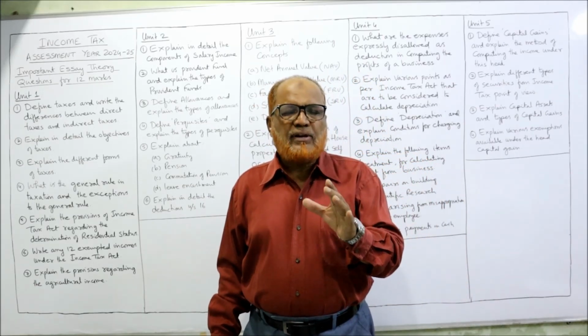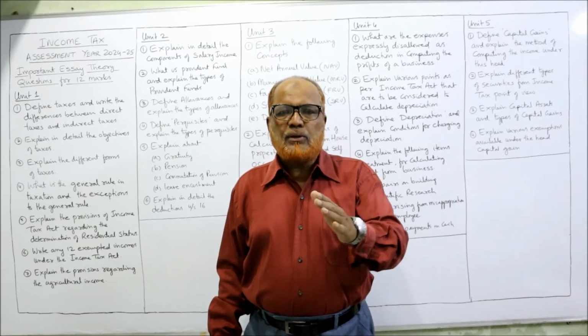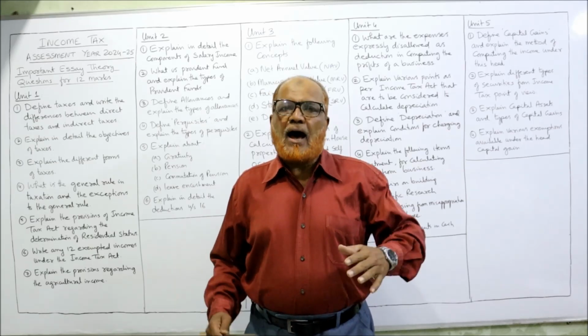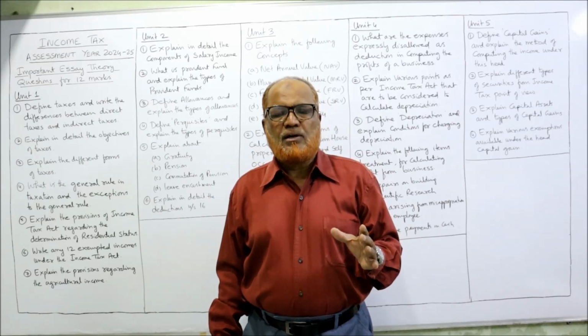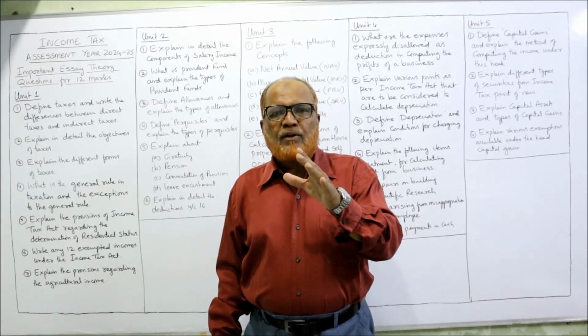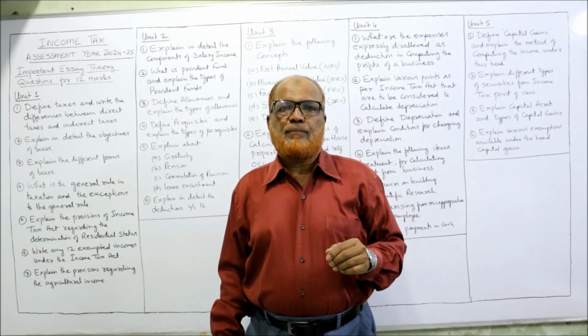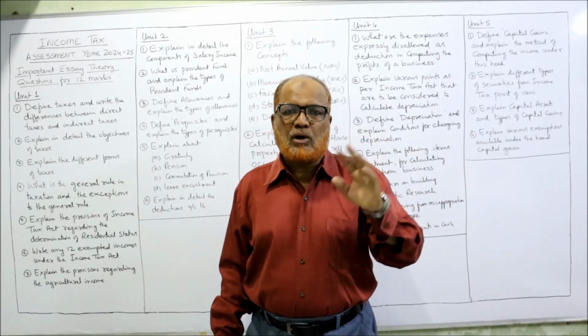First of all, the definition and meaning of tax. Tax is a contribution made by the people to the government for common expenditure. Adam Smith has given the definition of tax from different angles. From the public point of view, tax is a coerced payment, that means it is a forceful payment on the people to pay the tax to the government.